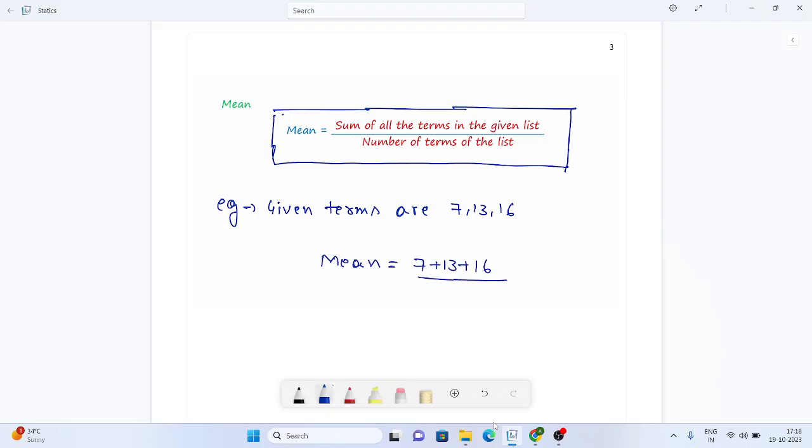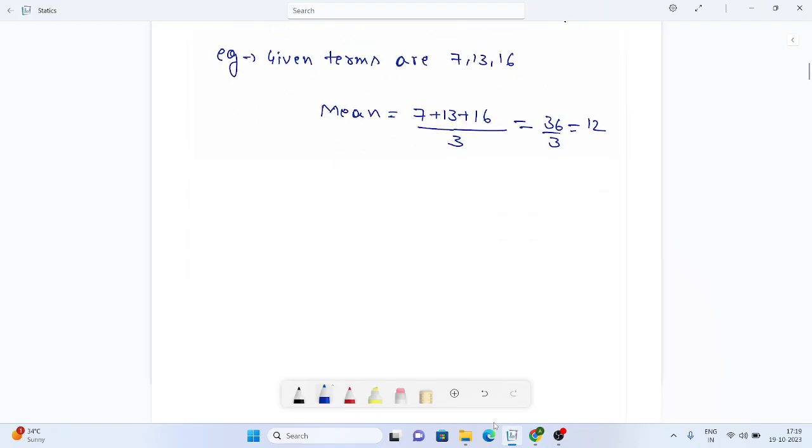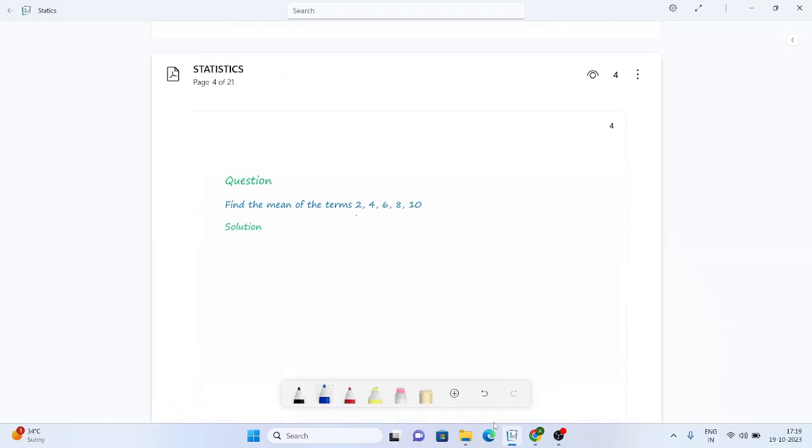The number of terms is 3, so divide by 3. So here you got 36 divided by 3, which is 12. So mean is very simple. You have to find the sum of all the numbers and then divide by the number of terms of the list. Okay. So let's come to the question.